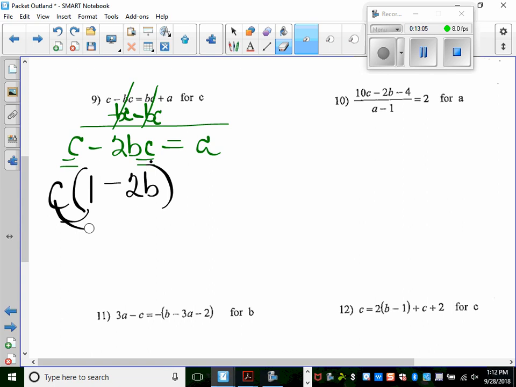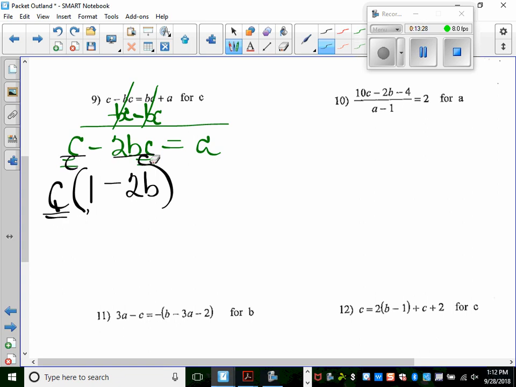That's a little different. When you have the variable that you're trying to isolate in two different terms, you have to get one of those variables. You can't have a C and a BC. So you take that common variable outside, like I just did, and you simply divide by that common variable.